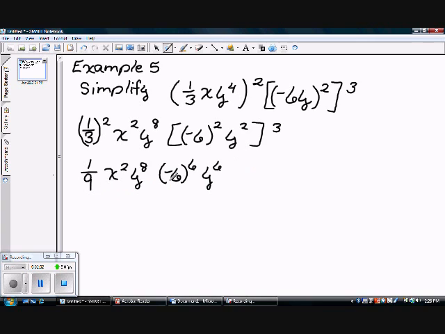Now's where it gets really fun. I'm going to work this out and I'm going to put it by the 1/9. So I have 1/9. Then if I multiply negative 6 times itself 6 times, I get 46,656.